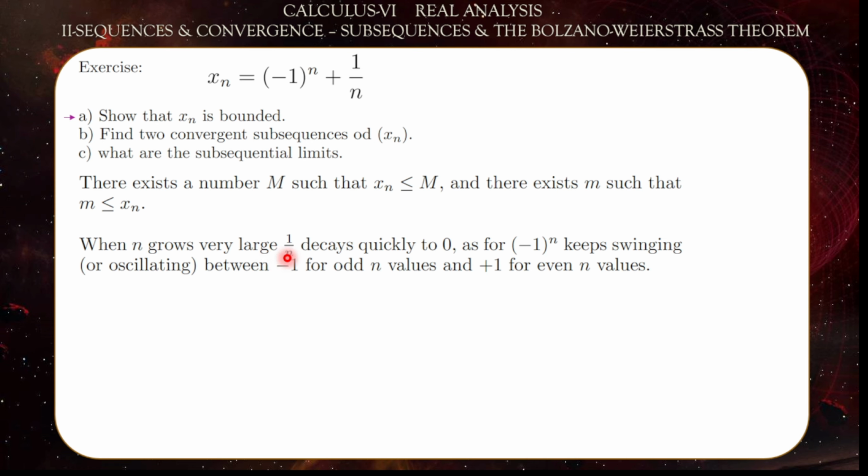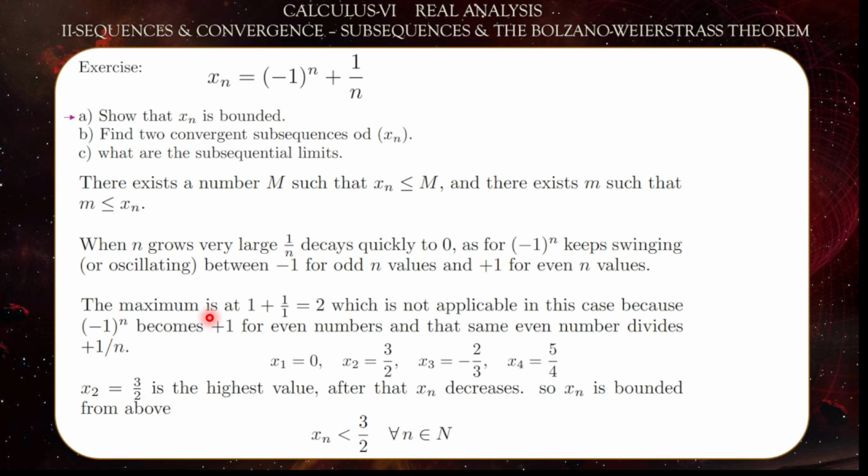When n grows very large, 1 divided by n decays quickly to 0. As for (-1) to the power of n, it keeps oscillating between -1 for odd n values and +1 for even n values. Now the maximum would be at 1 plus 1 over 1, which is 2, but this is not applicable. Why?